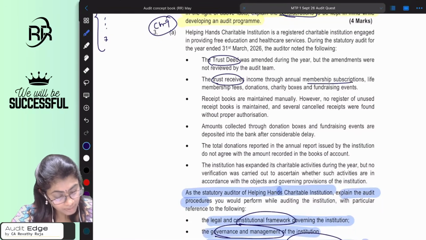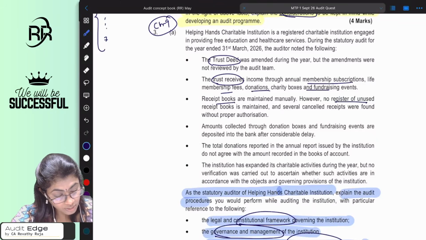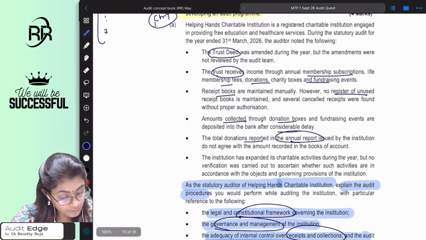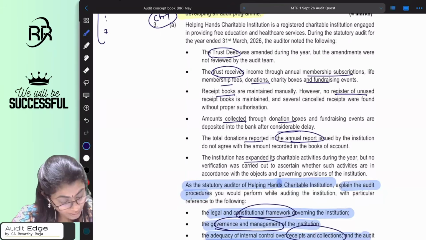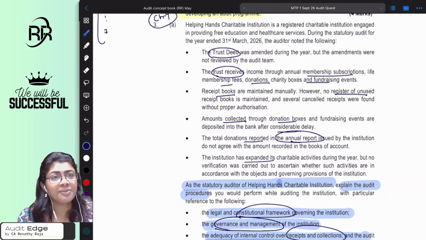Income was received from membership subscription, donations from the fundraising events, fees, receipts book was maintained, no register of unused books, amount collected through donation box, fundraising, donation were reported in the annual report, the institution expanded. See, from this itself, you'll get many points.